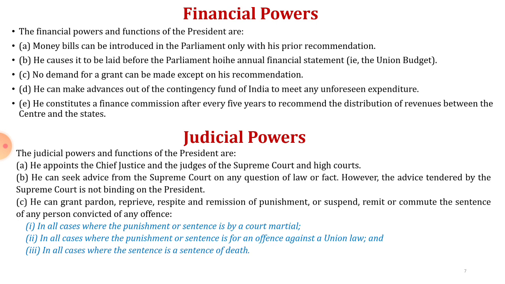He can grant pardon, reprieve, respite and remission of punishment, or suspend, remit or commute the sentence of any person convicted of any offence: in all cases where the punishment or sentence is by a court martial, in all cases where the punishment or sentence is for an offence against a union law, and in all cases where the sentence is a sentence of death.